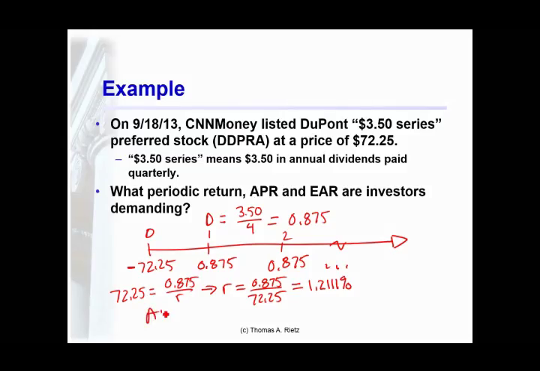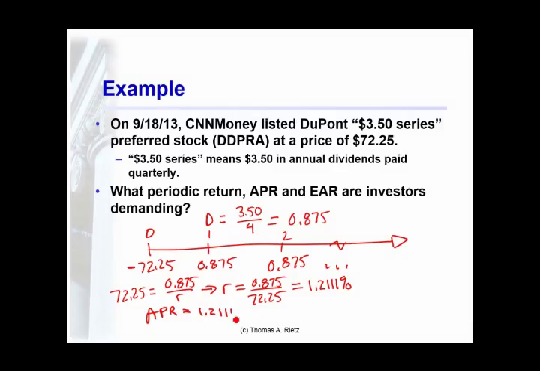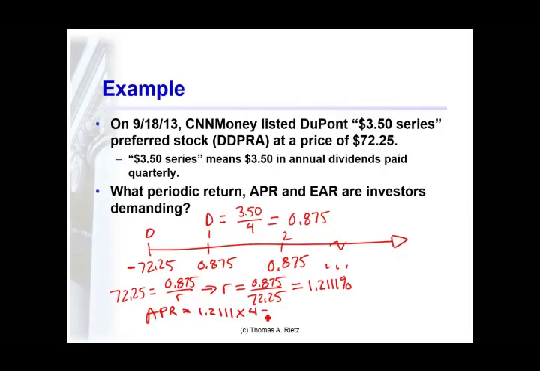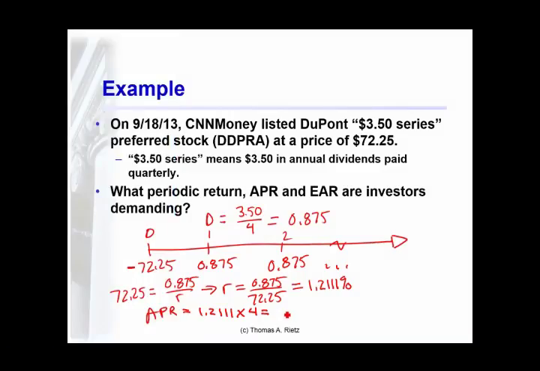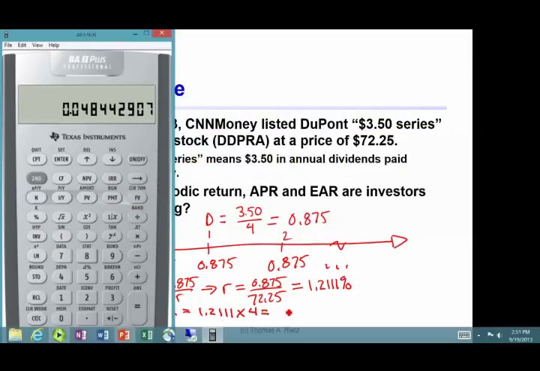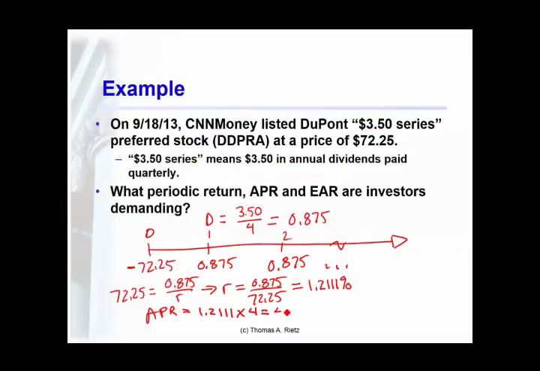The APR is just, quarterly, so it's 4 times this. That's 4.8443%.